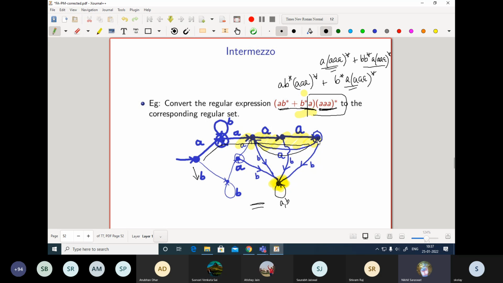You want to come from here to here? Yes, ma'am. I think you will add an extra A. A star will be 3 consecutive A's, and the length will be a multiple of 3, right? Yeah. Apart from epsilon. So isn't this 3 coming A's, to a multiple of 4? If you come with an A over here, that will be 4. Okay, ma'am, got it. Yeah.